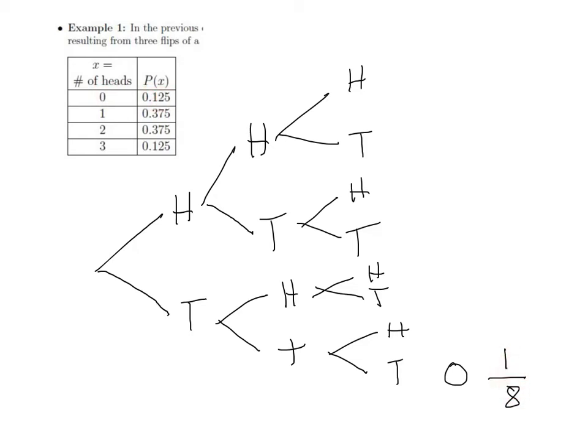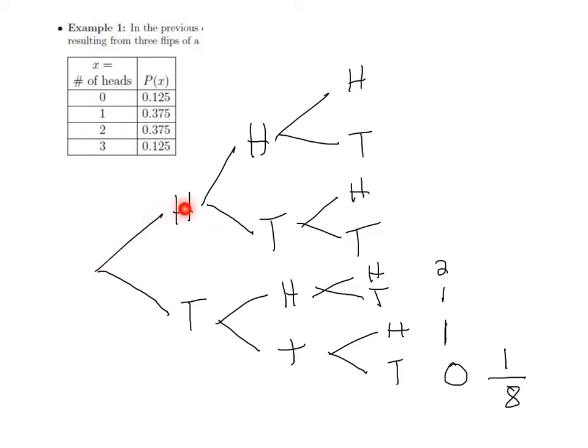Now if we keep planning this out, let's see. If I go this route, there's only 1 head showing up. And I'll just keep filling in the routes. So there's 1 head showing up there. And there's 2 heads tracing out that path.